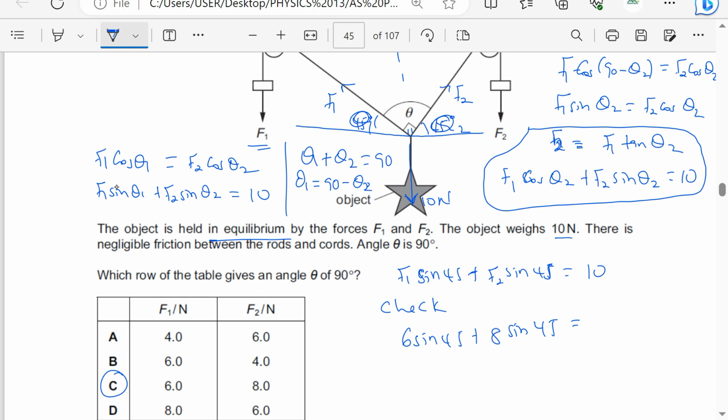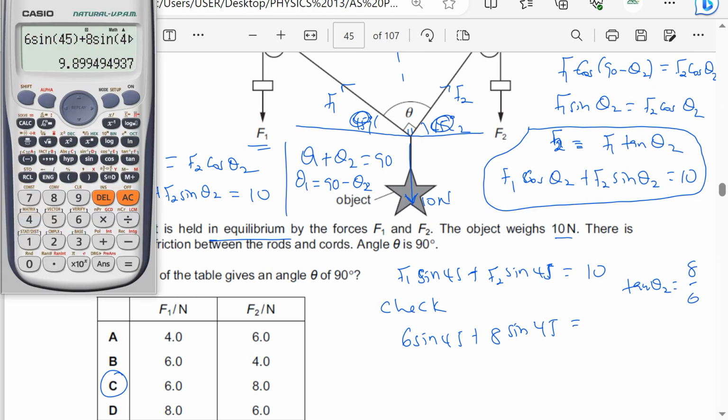Suppose F1 is 6 and F2 is 8, let's check. So it means tan of theta 2 is going to be equal to F2, which is 8, divided by 6. 8 divided by 6.